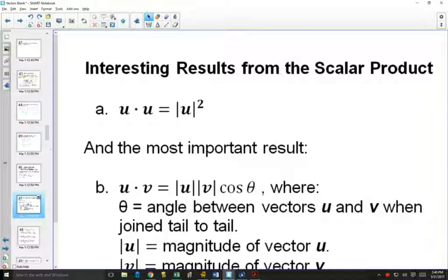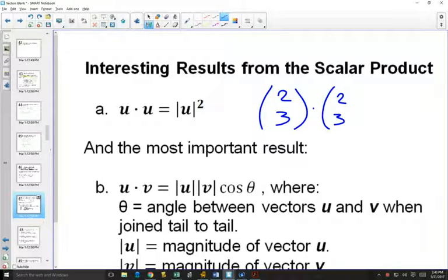Now, we also have some weird things that happen with the scalar product. The first one, if you do the dot product of the same vector, so if I had (2, 3) and I did the dot product with that again, you get 2 squared plus 3 squared, which looks a lot like a squared plus b squared.